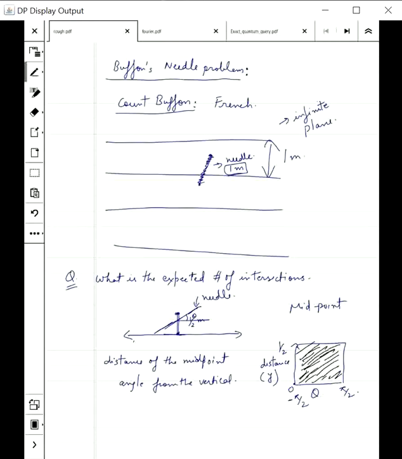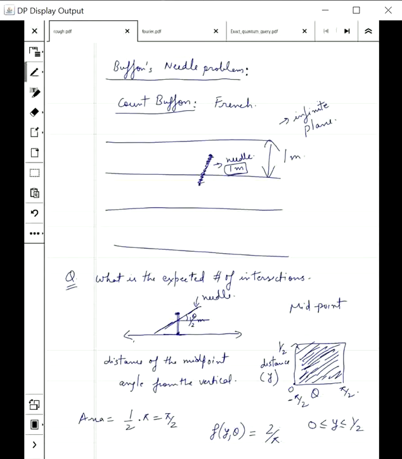So first task would be to define the probability density function for such an experiment. Since we are dropping the needle uniformly, we would assume that we pick a point uniformly in this rectangle. So the area of the rectangle is half times pi. So our probability density should be 2/pi. Here y varies between 0 and half. Boundaries are not important in the sense that I can take it to be strict inequality here.